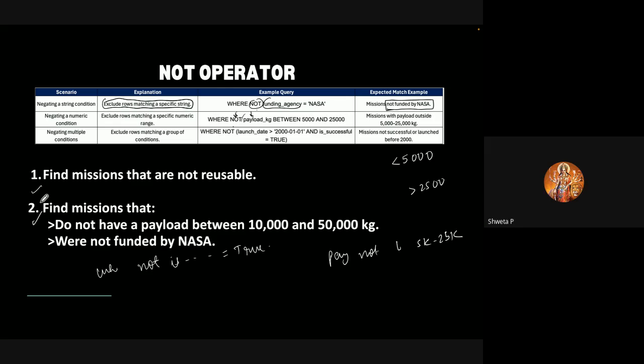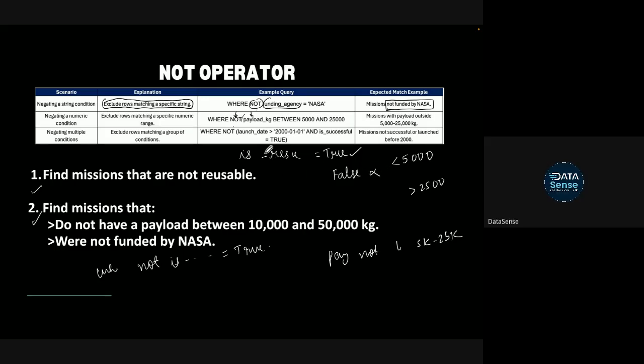Not and is reusable already negates the is reusable variable, correct? Tell me, what is the variable in the data set? Is underscore reusable. If this is true, what does it mean? It is reusable. If it is false, what does it mean? It is not reusable.